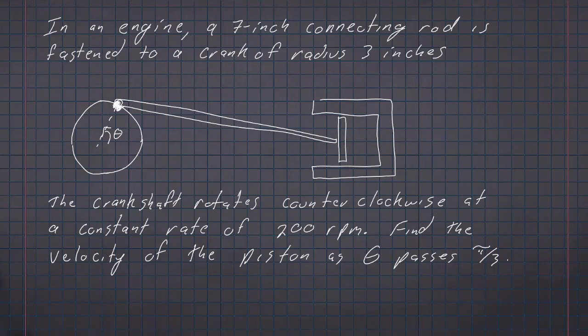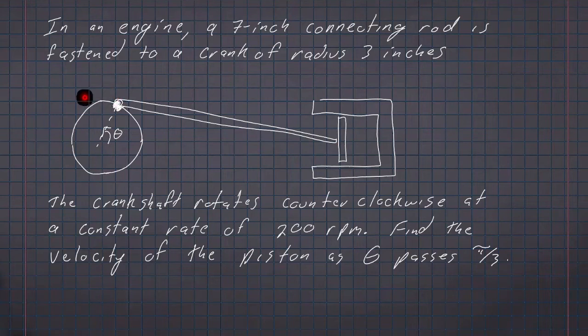So our setup is very different from how you might approach this as an engineer trying to design the engine in the first place, but it gets the job done and it's still something we can do. So we know that we are looking at a particular time when that angle is pi over 3.